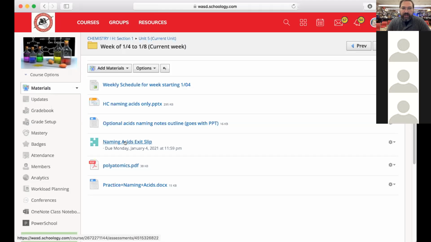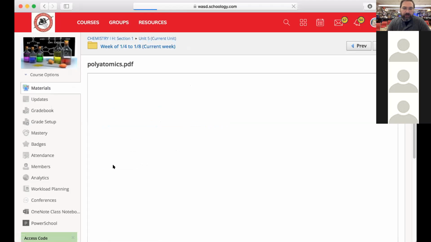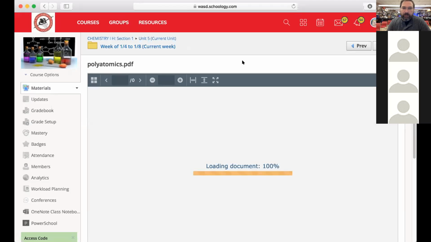There's this naming acids exit slip. That's what I want you to do sometime today, with enough time at the end of class. It's a quick check about naming acids and writing formulas for acids. This is a reference for the polyatomic ion chart we've been using. So if I click polyatomics, it just takes you to the polyatomic ion chart, which is a list of polyatomic ions, mostly anions, but it does have that one ammonium cation.